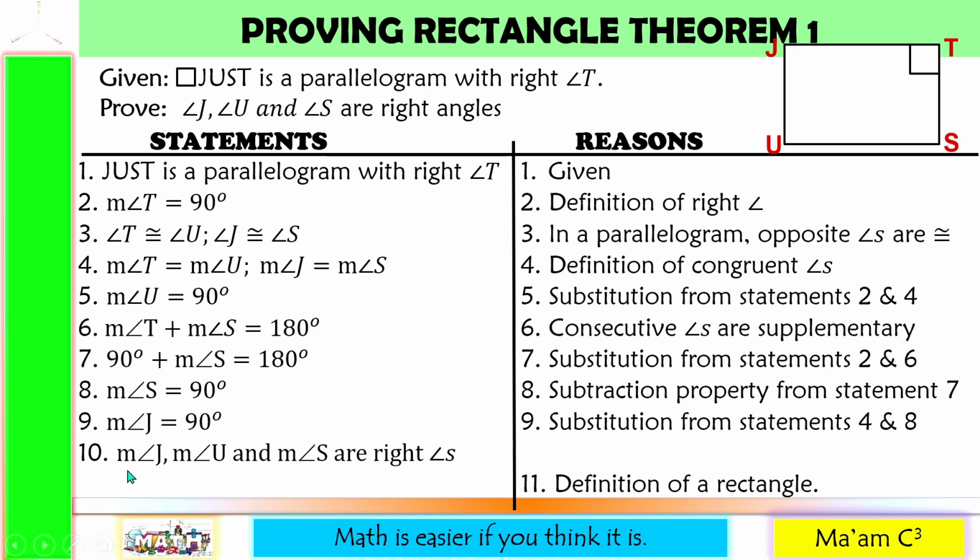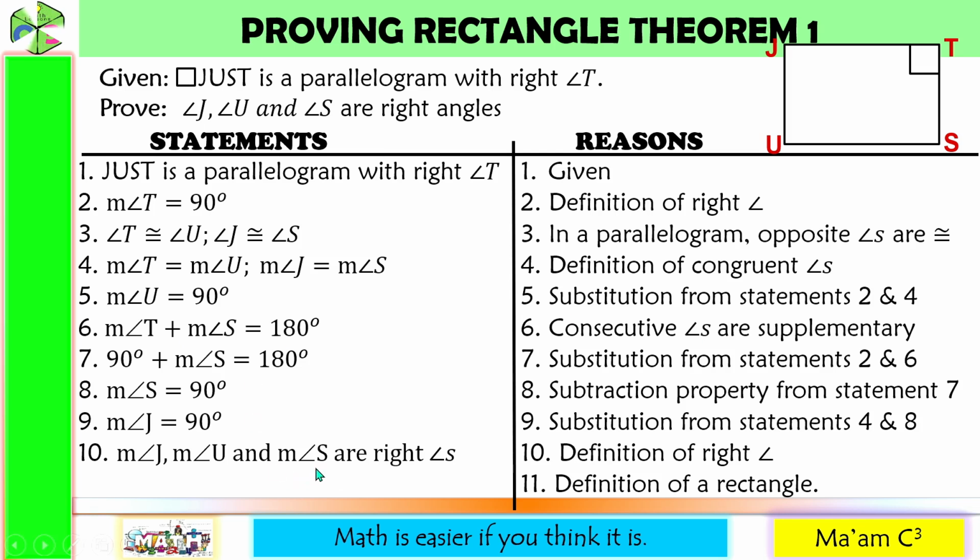Next statement here, the measurement of angle J, angle U, and angle S are right angles. We were able to prove that already. It's here. We have angle J, angle U, and angle S. They are all equal to 90 degrees. So, they are right angles because that is the definition of a right angle.